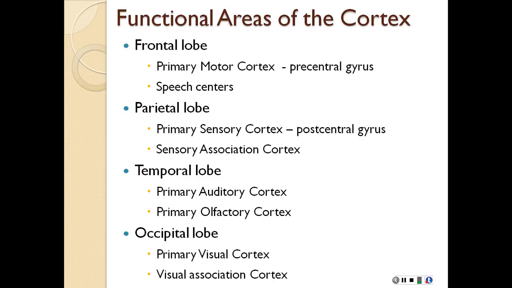So if we're being touched, tickled, if there's any pain, those types of signals start where? Right, they start at receptors. So if someone touches me there, that activates receptors, which send signals to the CNS. What part of the CNS?